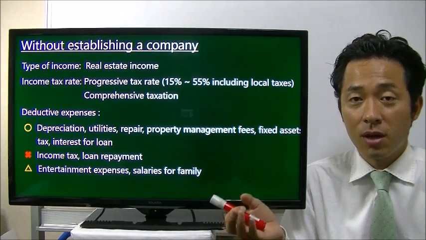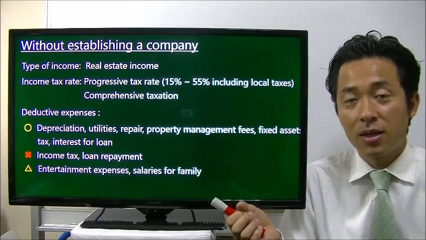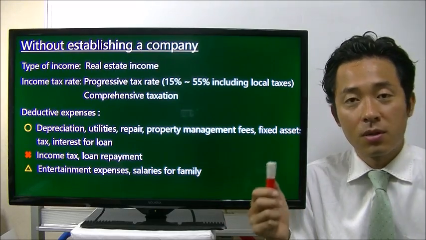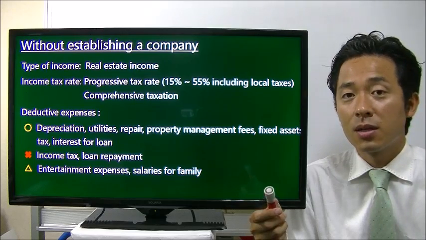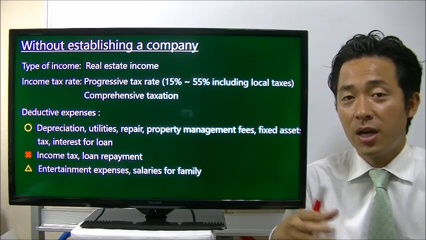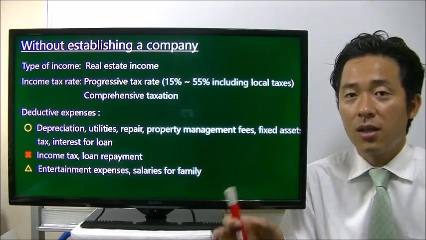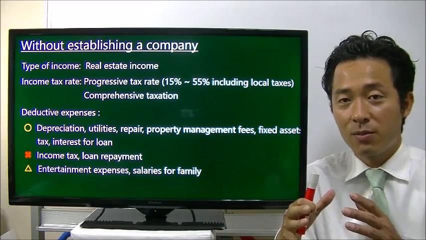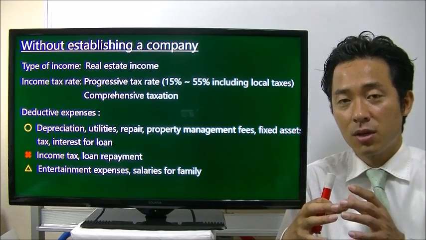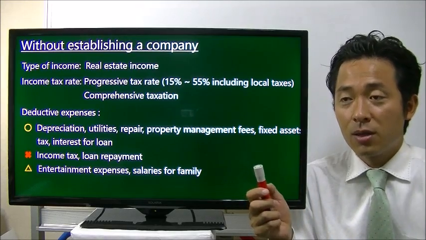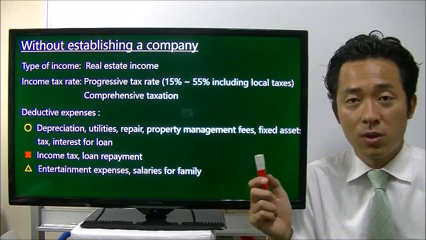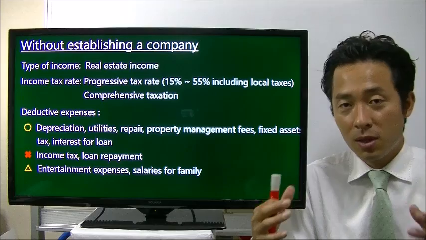It really depends on how much incomes you make. And the personal income tax is the comprehensive tax systems. So if you have the other income, the salaries and rent income, they combine together, and you have to pay, the higher tax rate will be applied for the total amount of your incomes.